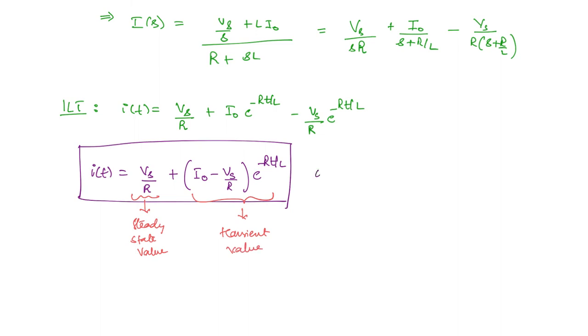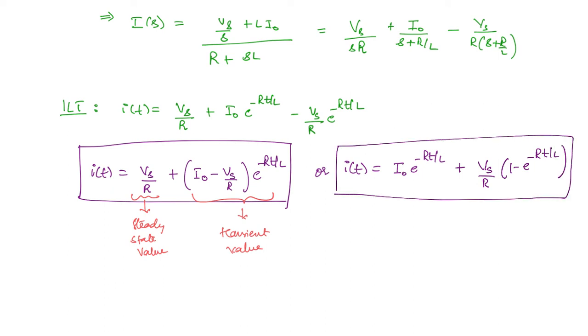What is the other way of writing it? First one is, if you remember, I naught e to the power minus Rt by L. This was the source free RL circuit response, initial value of current into the decaying part. So this we can take out and the rest of the part is Vs by R into 1 minus e to the power minus Rt by L. So this is one way of writing it.